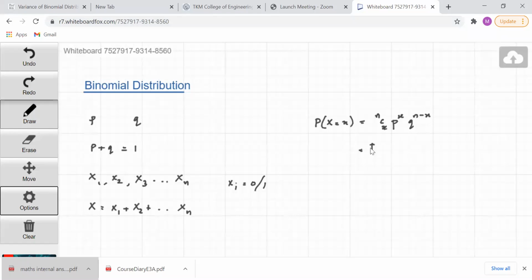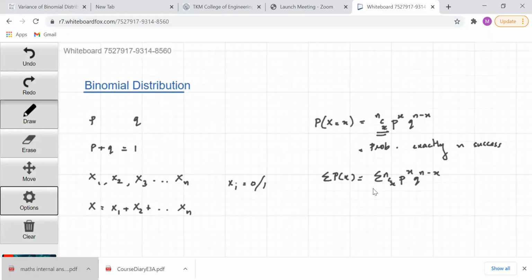This is representing that there are nCx combinations for x successes and the remaining n minus x trials have the failure probability q.